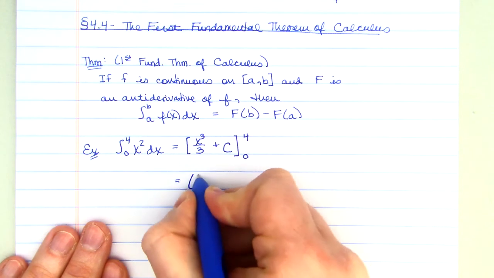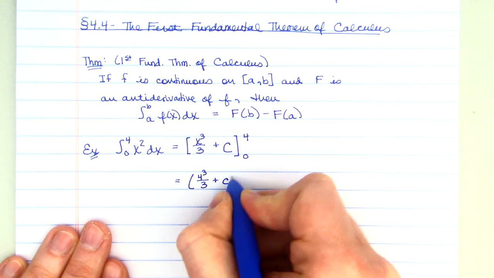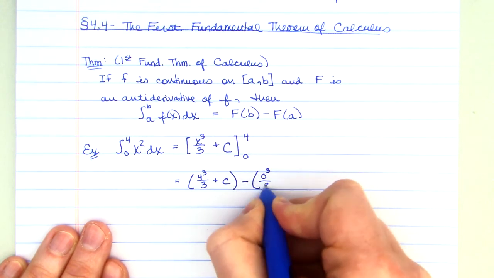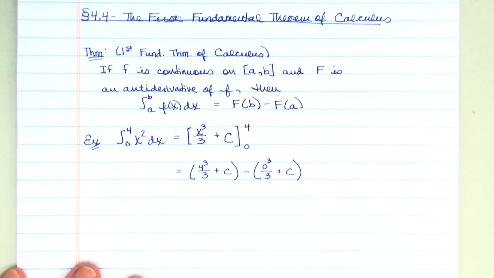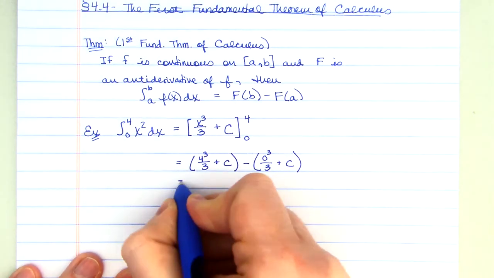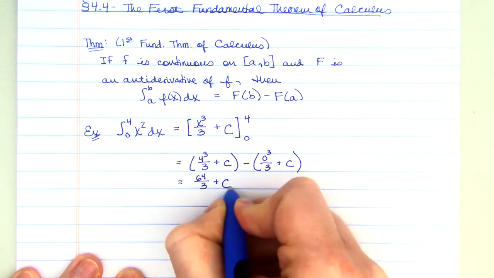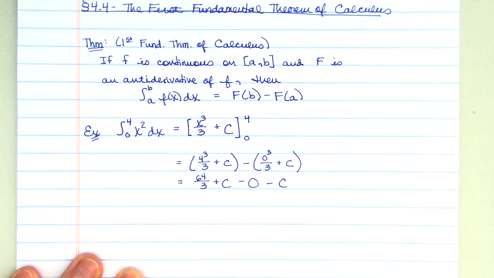This is going to equal 4 cubed over 3 plus my constant minus 0 cubed over 3 plus my constant. 4 cubed is 64 over 3 plus a constant minus 0 minus my constant.